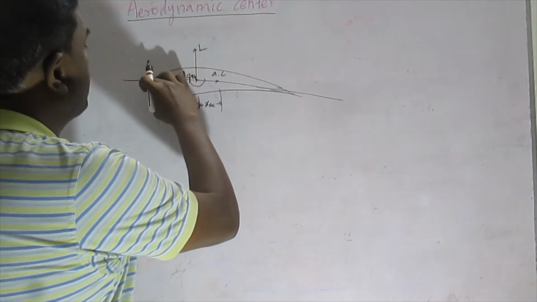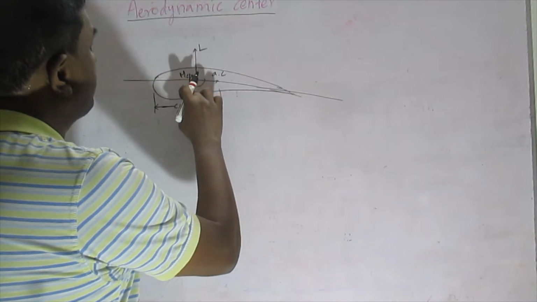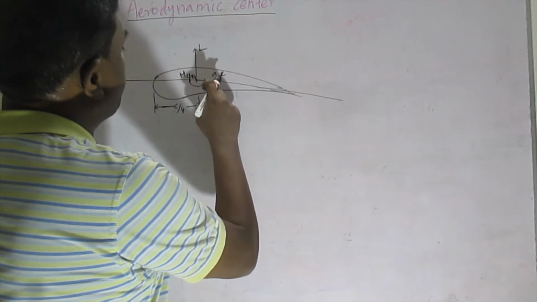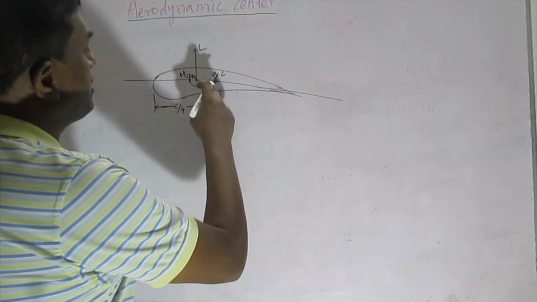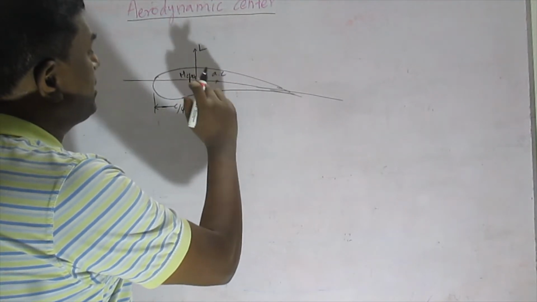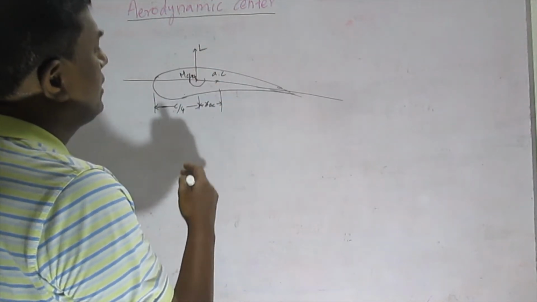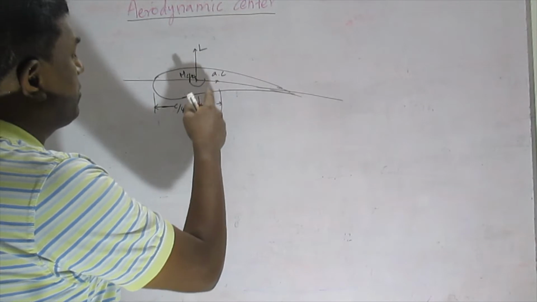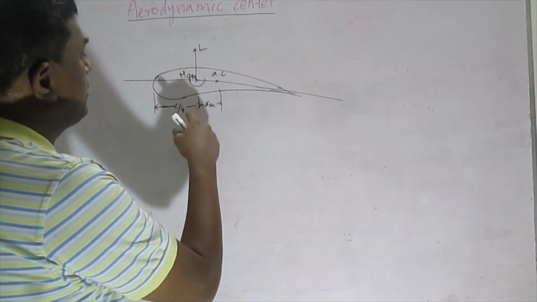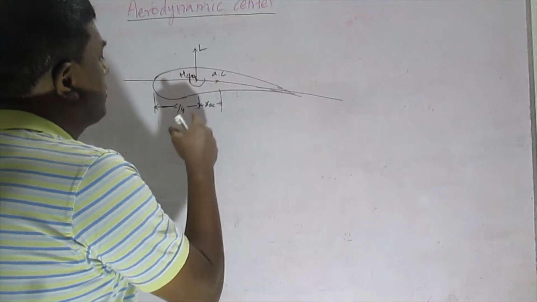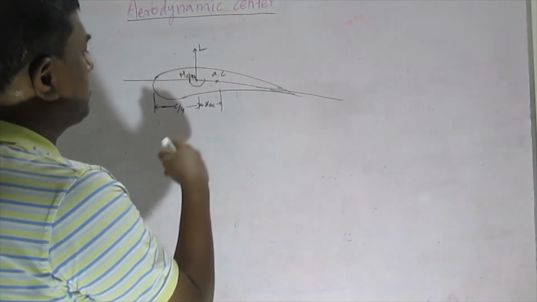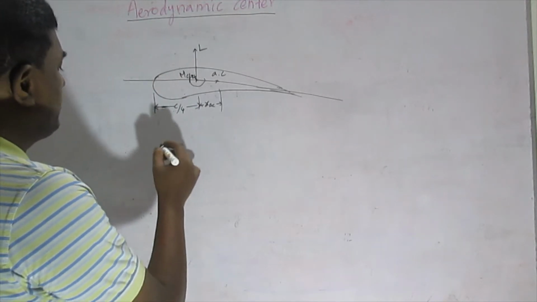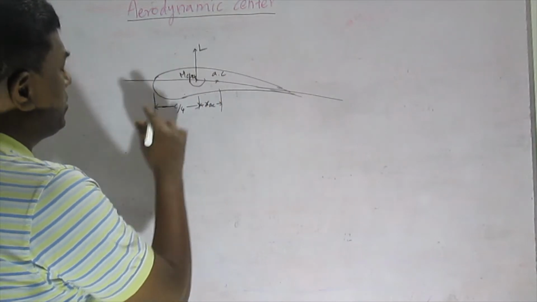That is the reason we have taken this as clockwise. This aerodynamic center is like an arbitrary point, just like any other point we choose on the chord of the aerofoil. Let's see how this point is fixed with respect to the pitching moment. Now let us find the moments about the aerodynamic center.